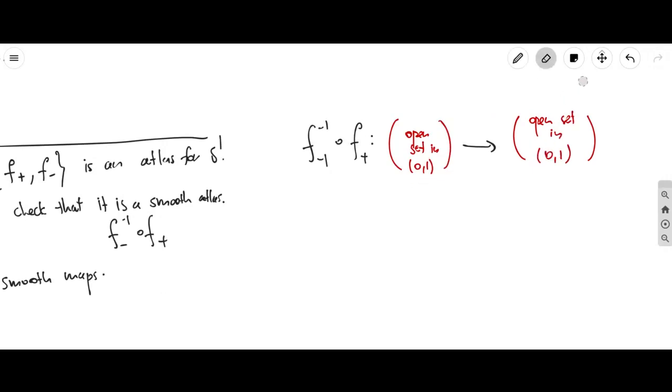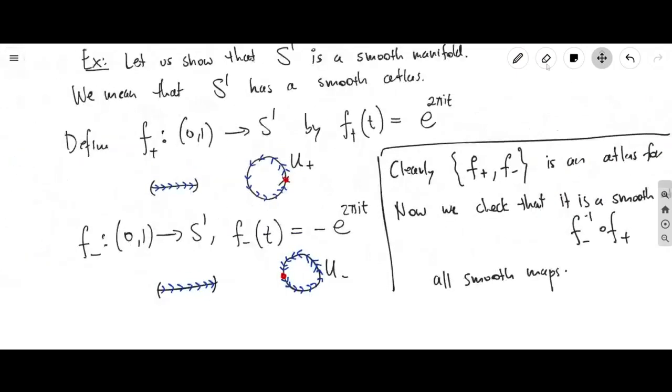The reason it's (0,1) is because instead of using R, it was more convenient to just use the interval from 0 to 1. So that's what we're going to be working with. So we're basically mapping, so the idea is this.